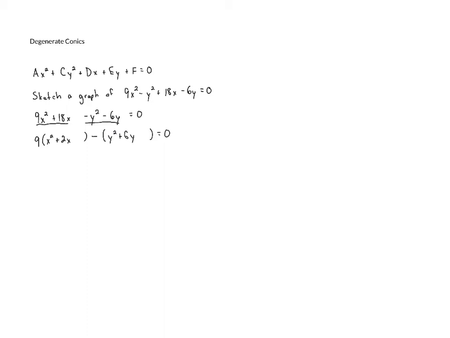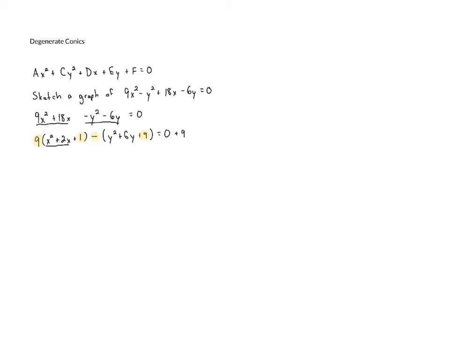Now, to complete this first square, on the inside we need to add 1. But what we're really adding is 9 times 1. We're adding 9. So on the other side, we have to add 9 to counterbalance that. And then over here, to complete the square, we need to add 9. But what we've really done is we have added negative 9 because that's being subtracted.